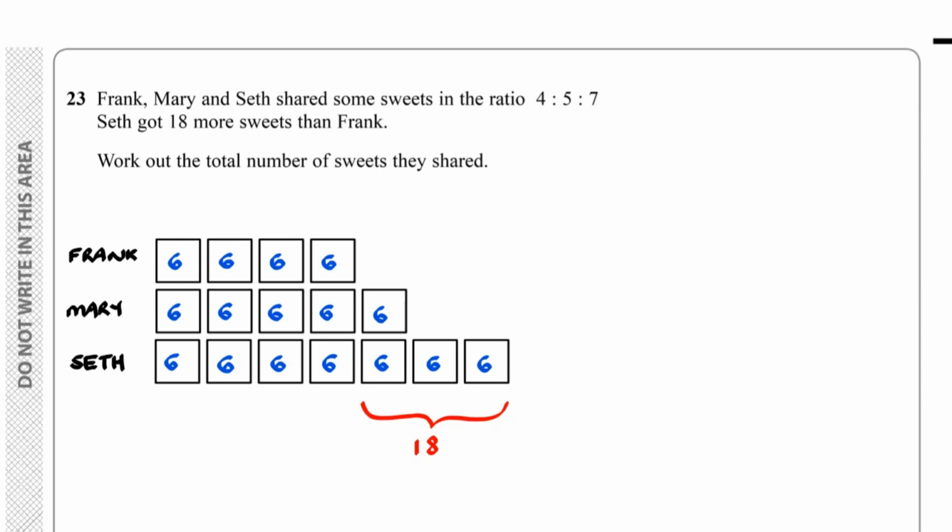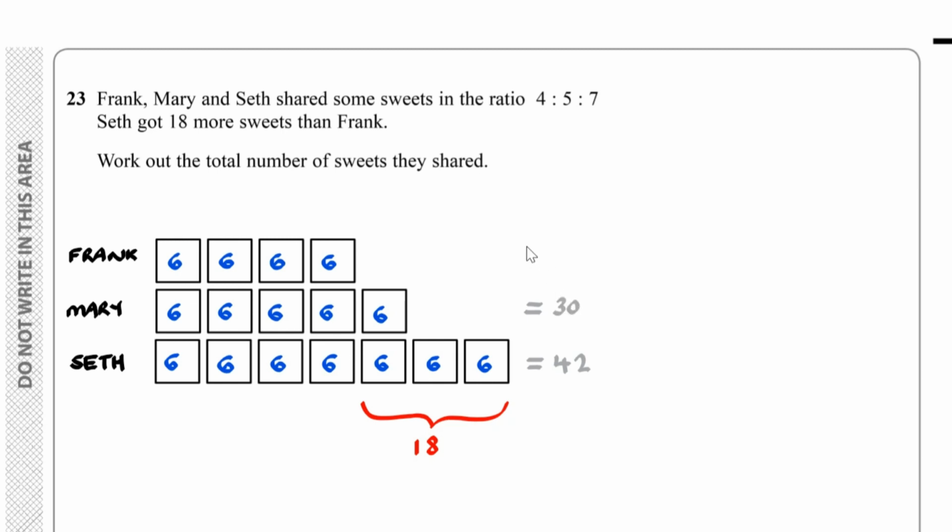So with this we can find out the total number for Frank, Mary and Seth. Well, for Seth we would have 1, 2, 3, 4, 5, 6, 7 times 6, which is 42. For Mary we would have 5 times 6, which is 30.